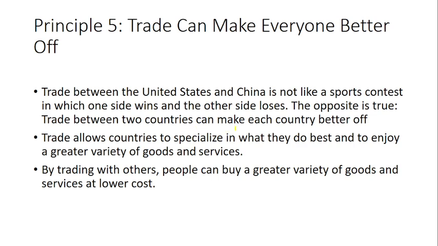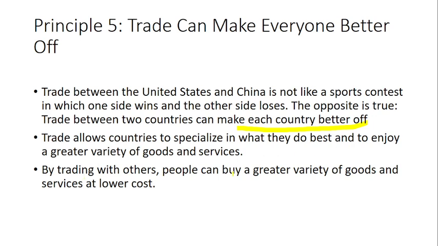So trade between two countries can make each country better off. So if countries engage in trade, then all countries will become better off, or each country will become better off. Trade allows countries to specialize in what they do best and to enjoy a great variety of goods and services.